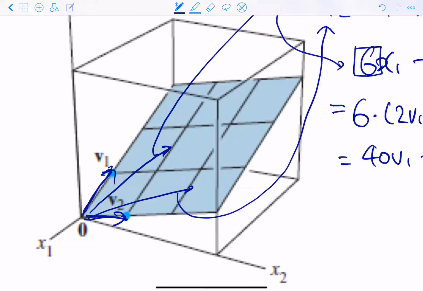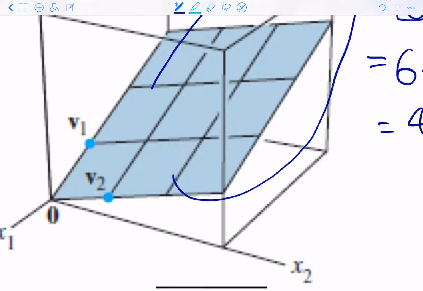The basis vectors should fully span the given subspace, and they have to be linearly independent, so they have to satisfy these two conditions. Again, forgetting about v1 and v2, one example of our basis will be the first one and the second one, right? Considering the span of these two vectors, they will form the exact same subspace or plane, right?